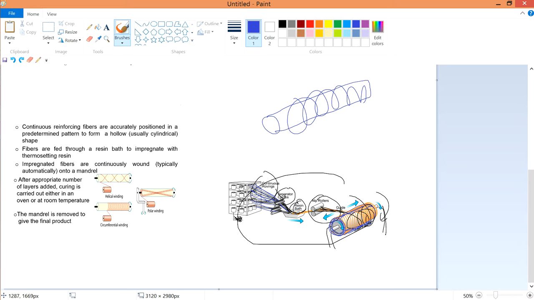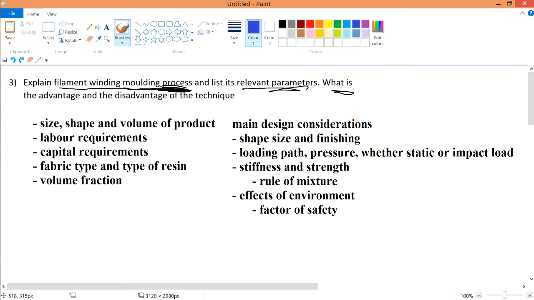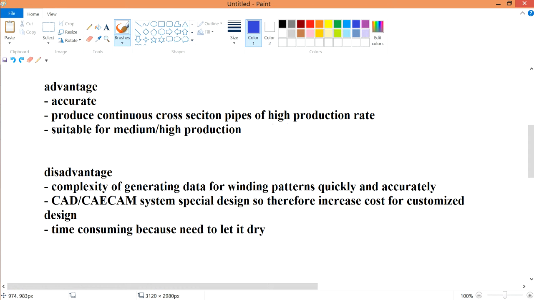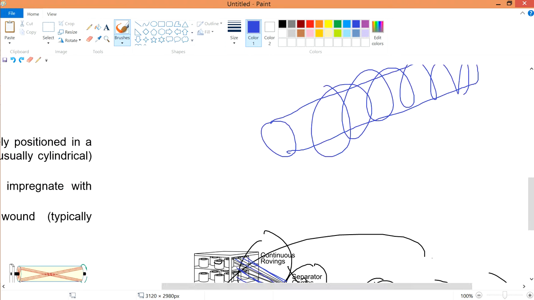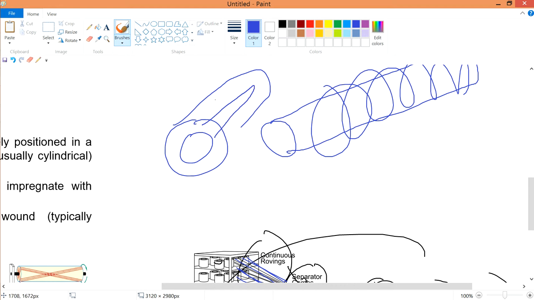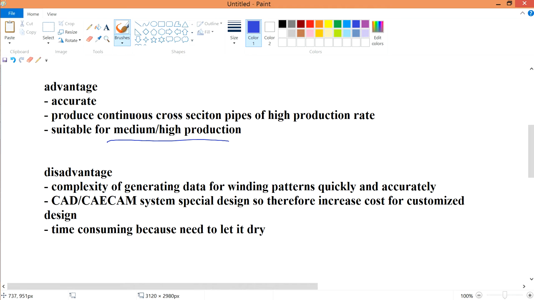So it has the ability to produce a high production rate for cross-sectional pipes, because all these pipes have the same cross-section. If you look into this picture over here, the cross-section is the same throughout. Hopefully this is pretty clear, and it is suitable for medium and high production.